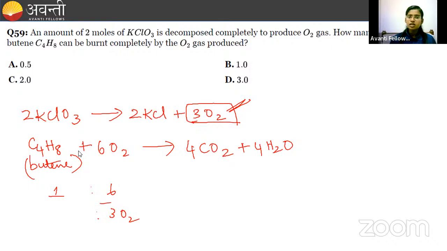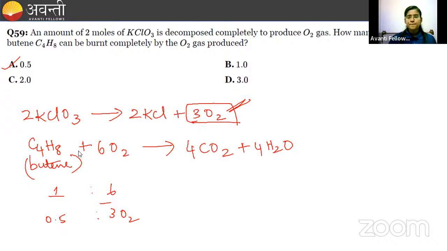So half a mole of butene would have reacted, which means 0.5 moles of butene would have reacted with the oxygen to produce carbon dioxide and water. So the number of moles of butene that reacted with 3 moles of oxygen gas is 0.5, which is actually option A. Option A is the correct answer for this question.